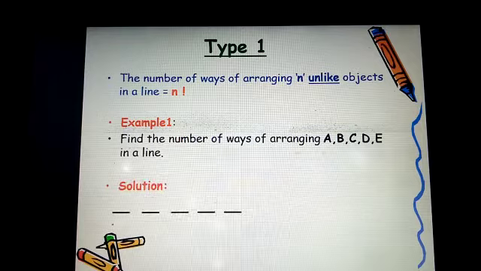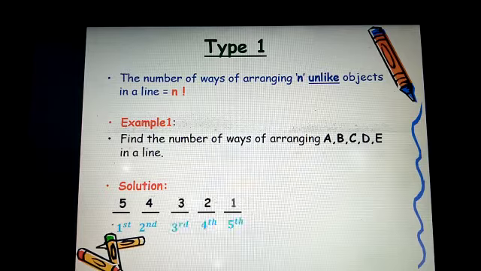The first slot will be occupied by either A, B, C, D, or E, so 5 ways. For the second slot, the remaining 4 will take over, the third in that order. So we have 5 times 4 times 3 times 2 times 1, giving us 5 factorial.